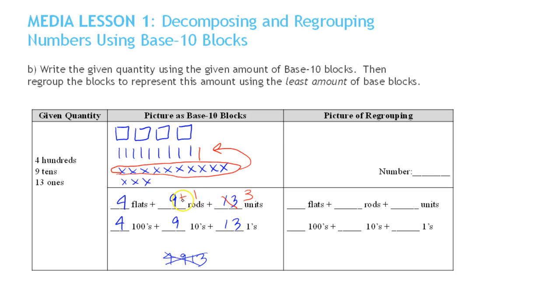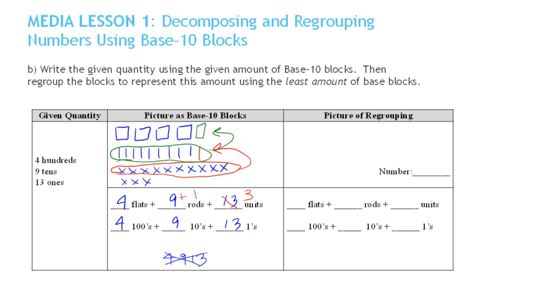But now we have 10 rods, and we wouldn't write 4, 10, 3. We're going to regroup these 10 rods into a flat. So let's do that in a different color. So now we have 10 rods, which is equivalent to 1 flat. Okay. And this is our regrouping.